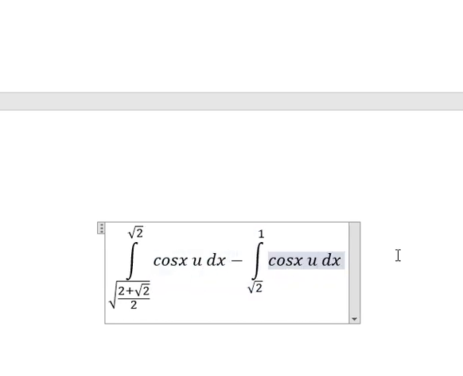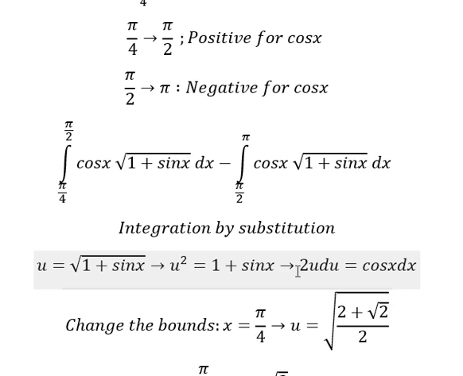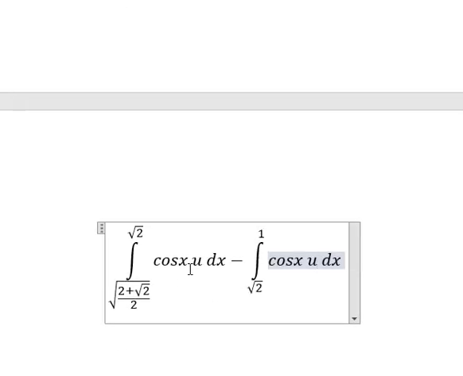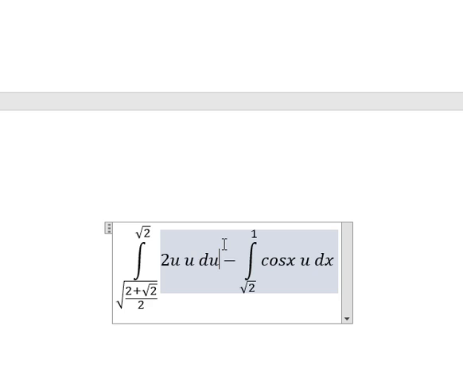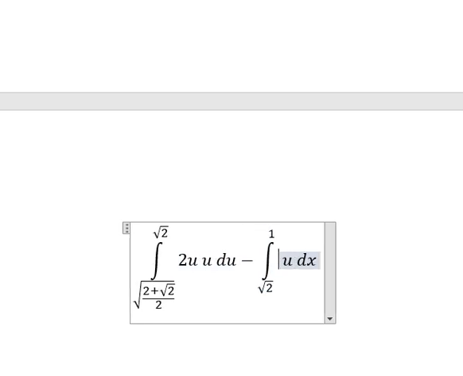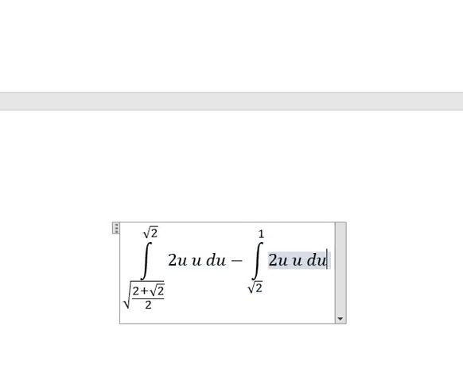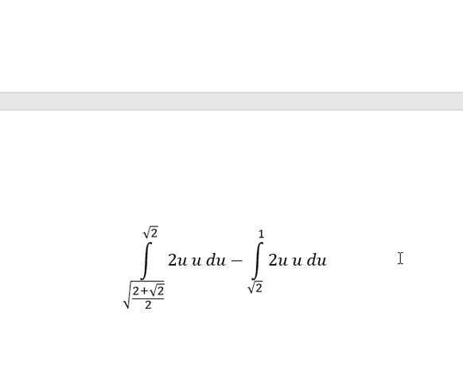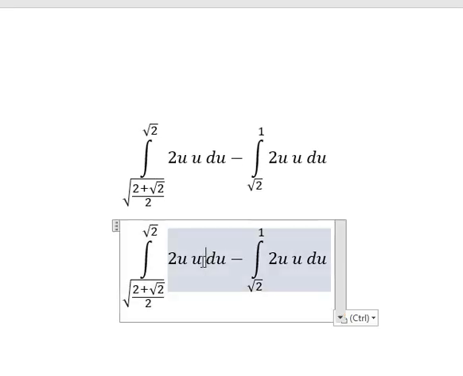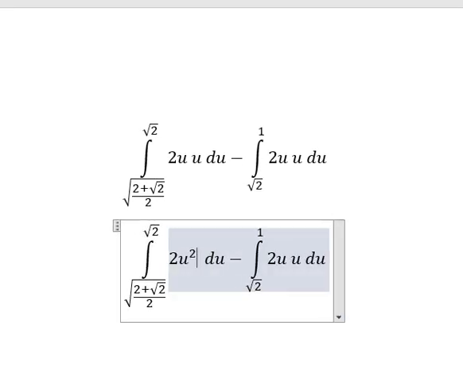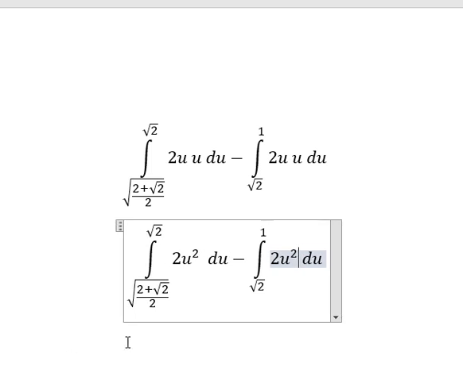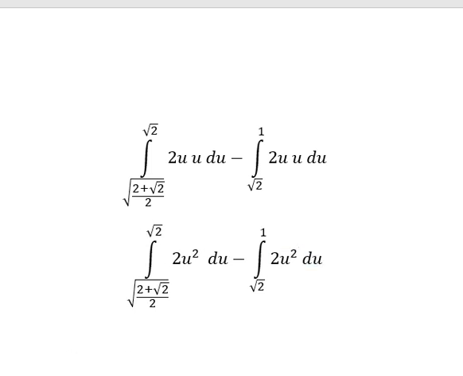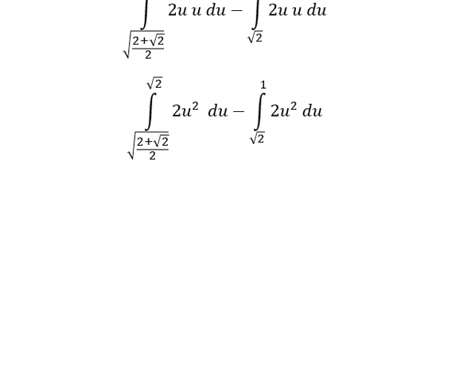Cosine x dx that is about 2u du. Next, u and u we have u square. The integration of u square that is about u to the power of 3 over 3.